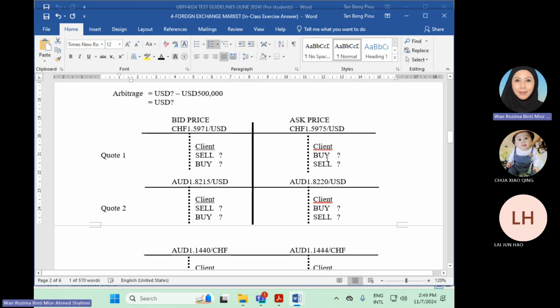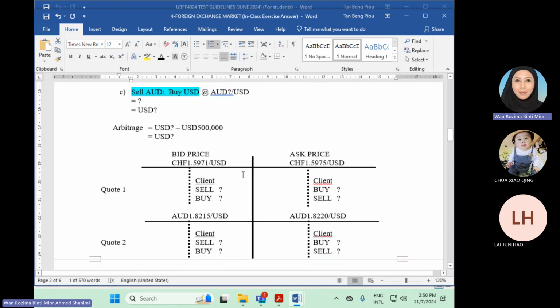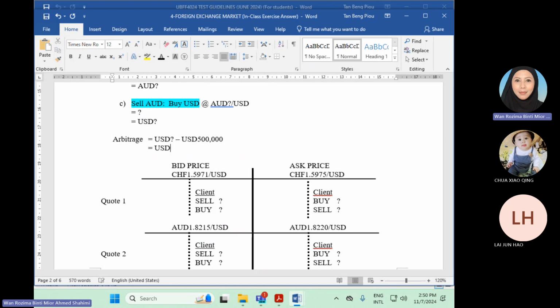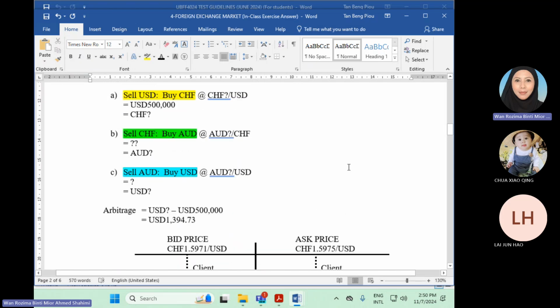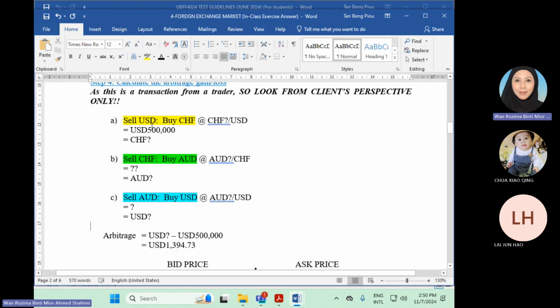Remember which one to buy, which one to sell. Okay, I give you the answer. The answer here is 1,394.73 cents. Okay, so this is the answer, class.